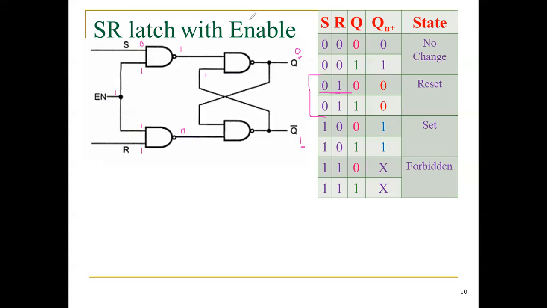Now for the same condition, please listen carefully. I'm going to assume my Q equal to 1 now. So instead of 0, I assumed that my Q equal to 1. Hence Q bar equal to 0. What will happen? Here same conditions: my S equal to 0, R equal to 1.